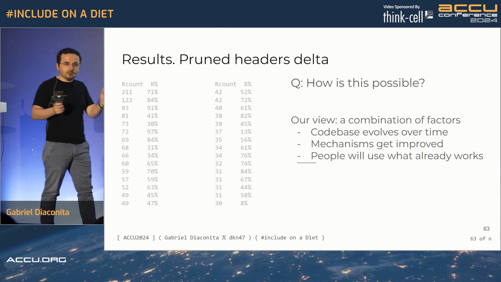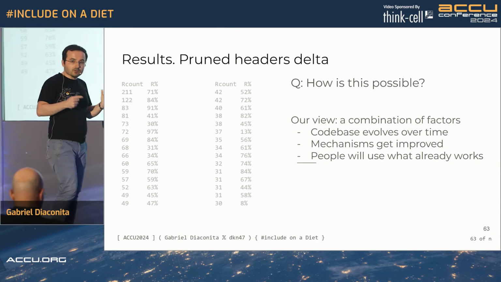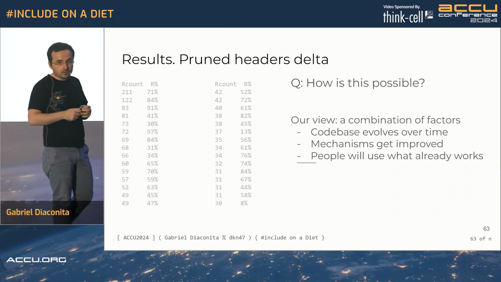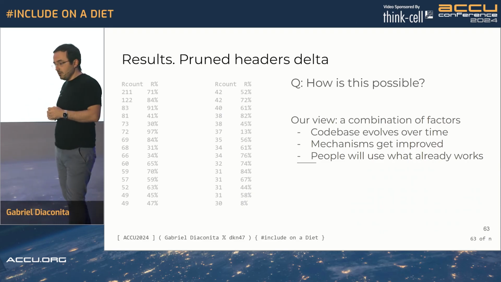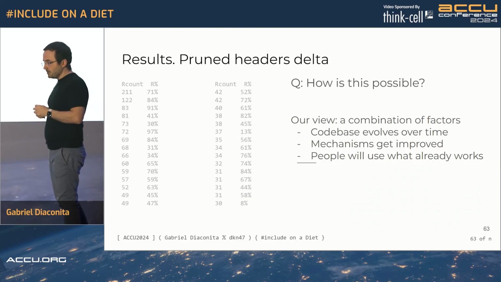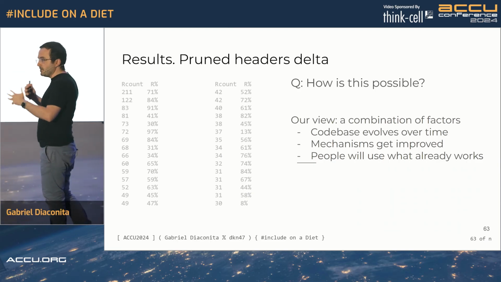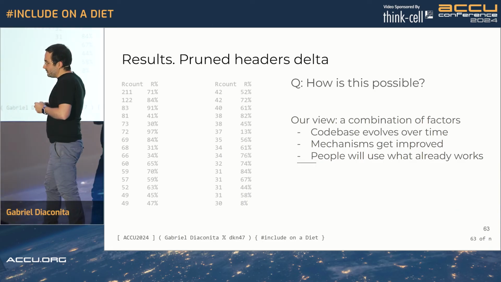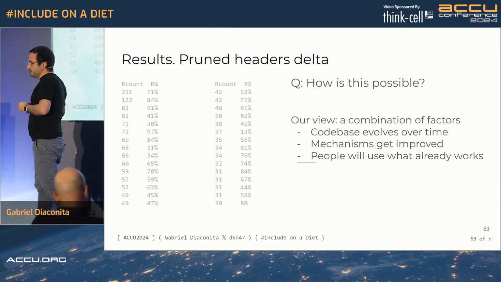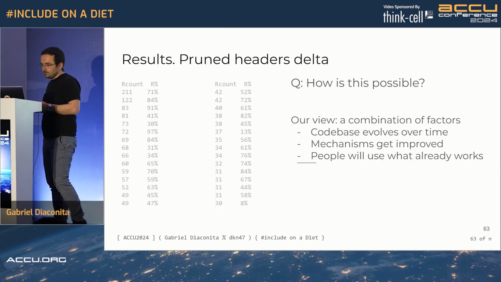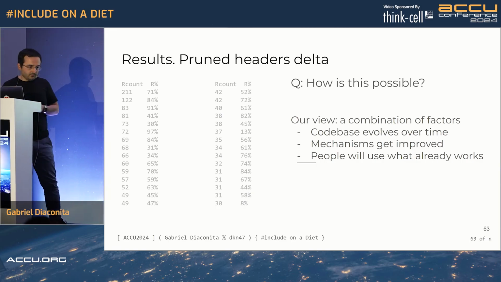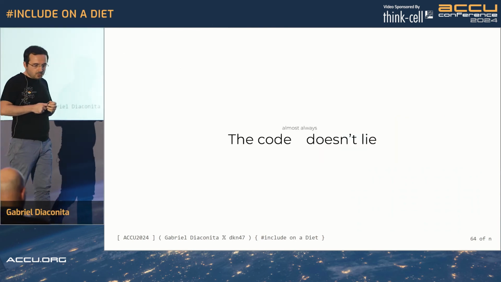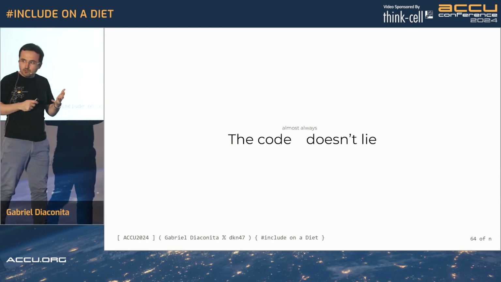Not many people will clean up includes after doing some major work. How many here in this room have done this? After doing something, let's say you work on something for a week, a major refactoring or rework of a feature or mechanism, going through your includes and seeing, okay, I experimented with this, but which ones did I actually need? From our experience, not a lot of developers do this. It's a natural phenomenon. So the code almost always doesn't lie.